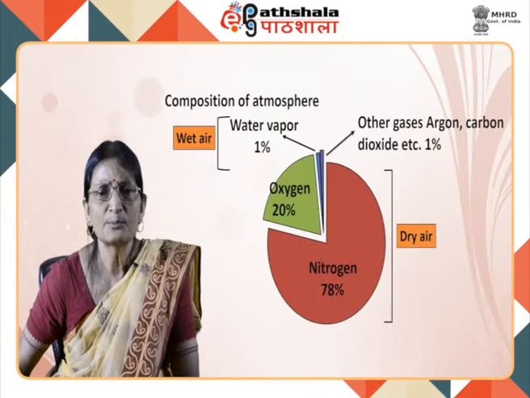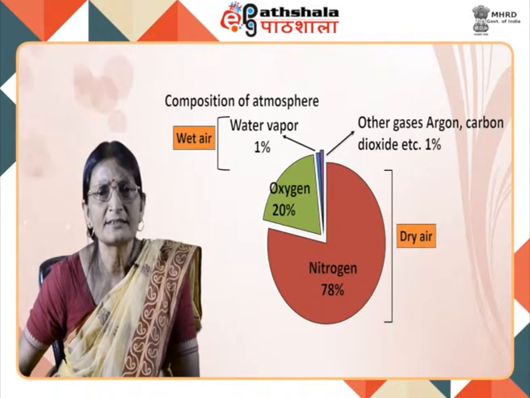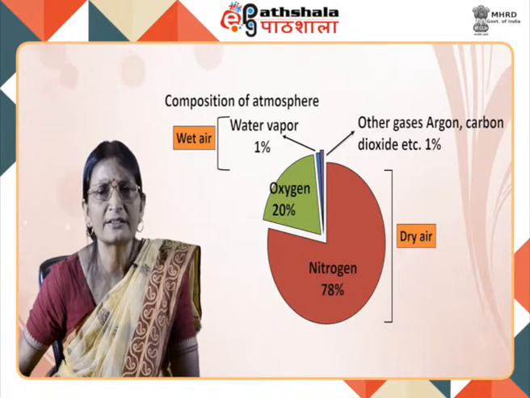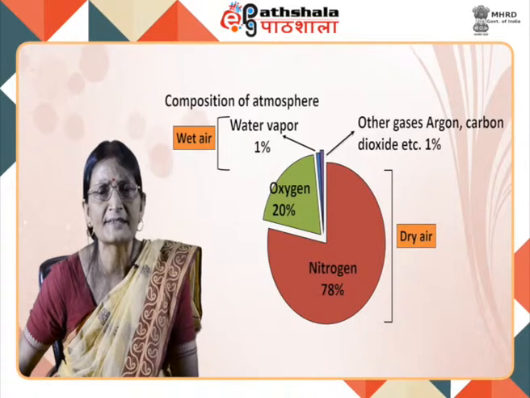So the Earth's atmosphere, as we already said, is made up of air. Air is a mixture of gases. The major components of air are nitrogen and oxygen. There are some minor constituents such as argon and some which are trace constituents, which are the other noble gases and carbon dioxide.